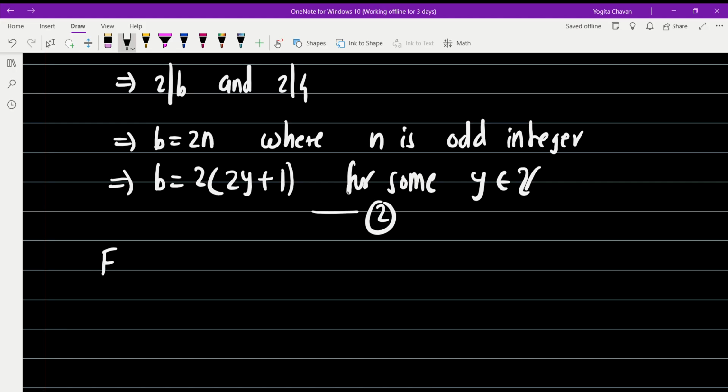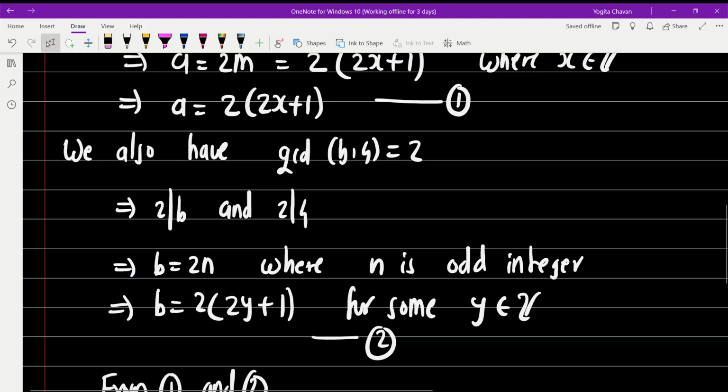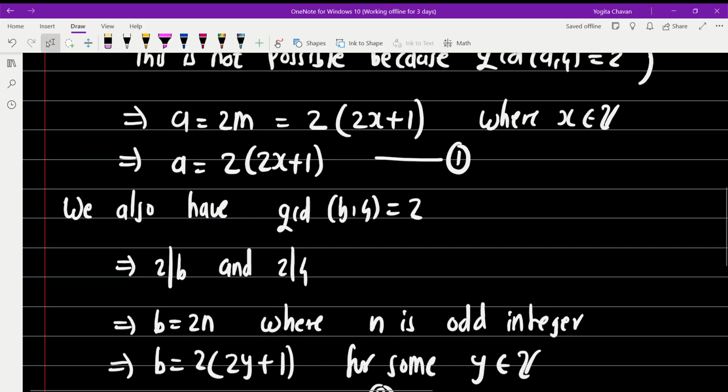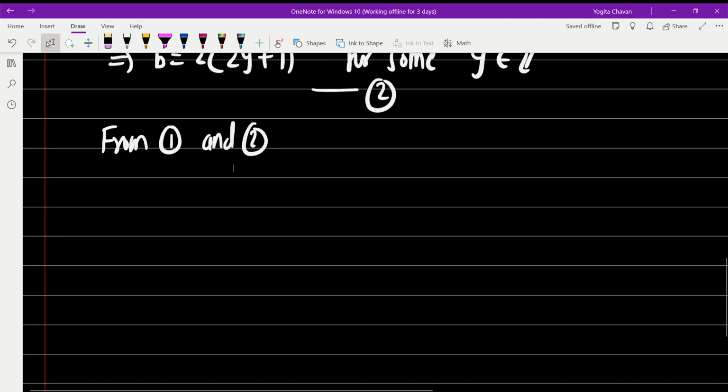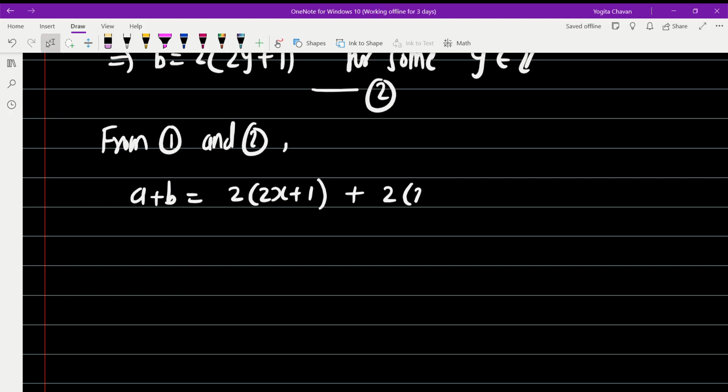Now from 1 and 2, what do we get? In 1 we have A equal to 2 into 2x plus 1, and in 2 we have B equal to 2 into 2y plus 1. So from 1 and 2, what is the value of A plus B? A plus B is equal to 2 into 2x plus 1 plus 2 into 2y plus 1.